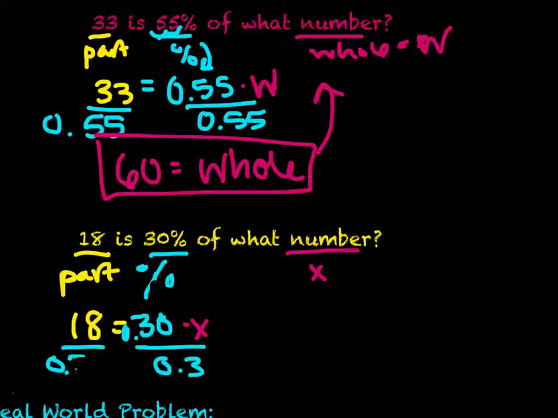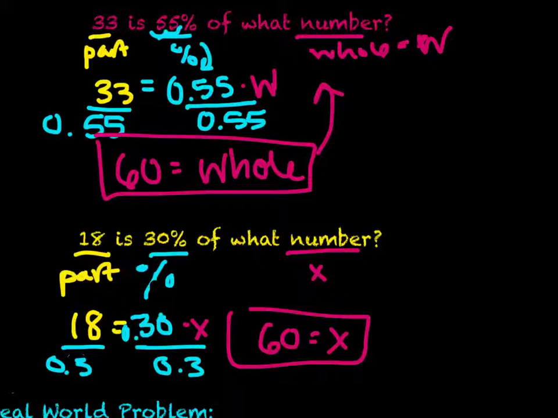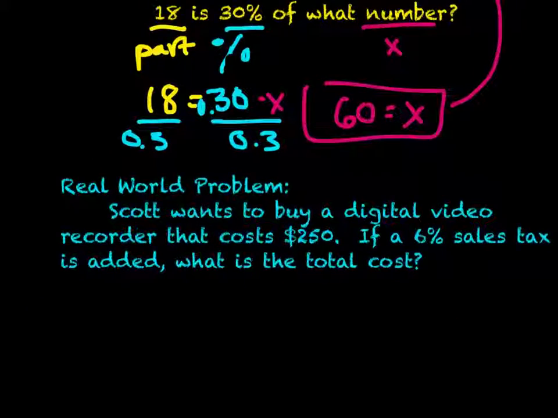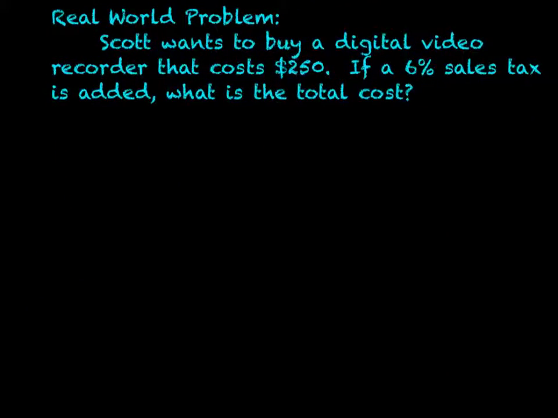Sorry, that was written really poorly. 18 divided by 0.3, doing it in my calculator really quick, we get 60 is equal to x. So once again, 18 is 30% of 60. We actually have the same number in these cases. That's kind of funny.